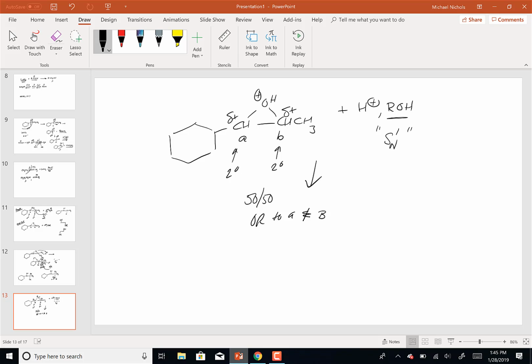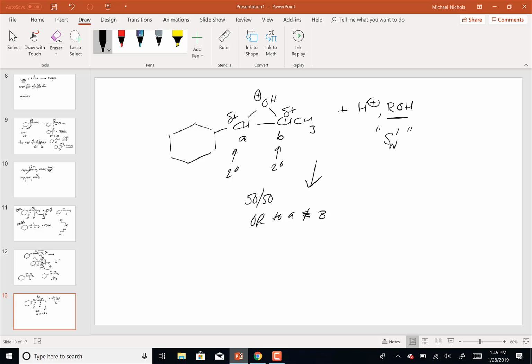So we have two completely different sets of possible reactions. You can open up the epoxide with base or with a strong nucleophile. You can open it up under acidic conditions. Does that make sense?